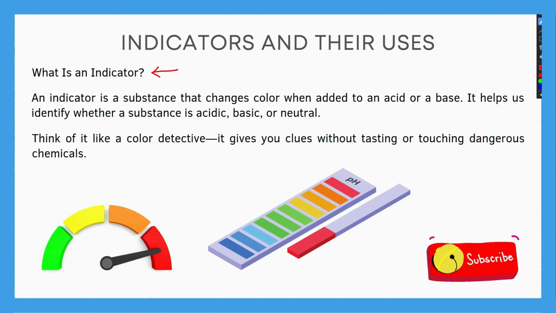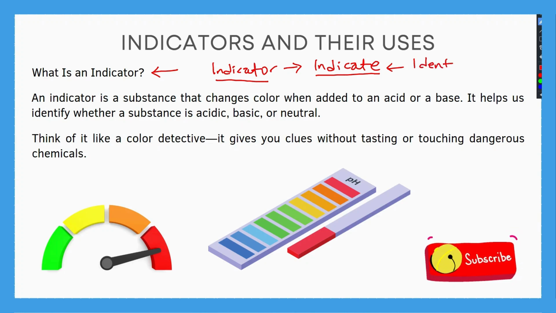Alright, so the word indicator was actually gotten from the word indicate. When the word indicator is mentioned, it connotes that we are indicating something, and to indicate means to identify, or to show.